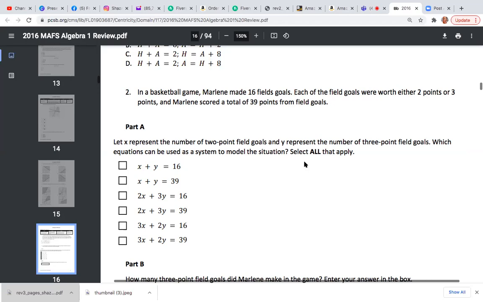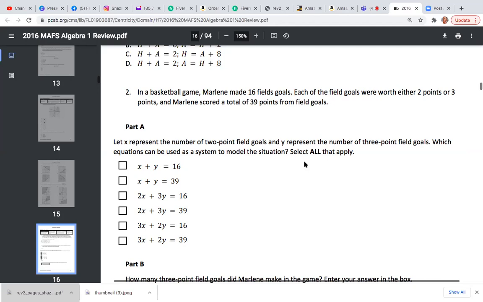And so for this one, if X represents the 2-point field goals and Y represents the 3-point field goals, which one of these equations can be a system? What you have to remember, guys, is a system is 2 equations, 2 variables. So you have to pick 2 equations. X is the number of 2 points, Y is the number of 3 points.